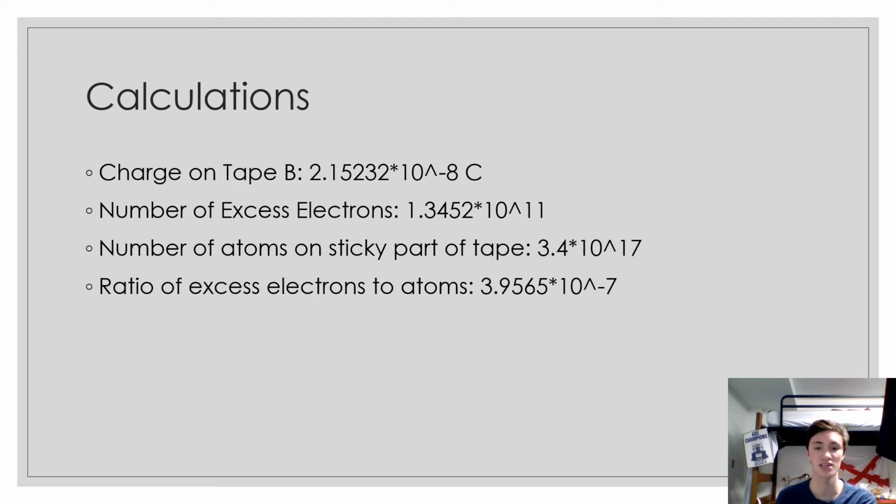The number of atoms on the sticky part of the tape was 3.4 times 10 to the 17th atoms, and the ratio of the excess electrons to the atoms was about 4 times 10 to the negative 7th. I'm going to show how I calculated all these on the next slide, but the most important calculation here was the charge on tape B, which is the purpose of the lab, and that was determined using Newton's first law at equilibrium.